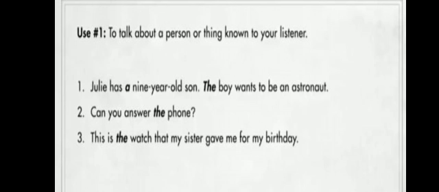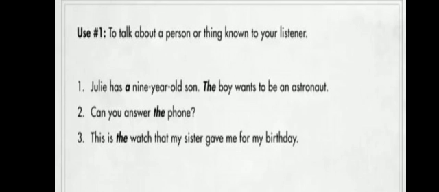But when I say Julie has a 9-year-old son, and now the boy, it means I am referring to that particular 9-year-old boy who is the son of Julie. He wants to be an astronaut. Now this particular boy has become familiar, it has become known to your listener.